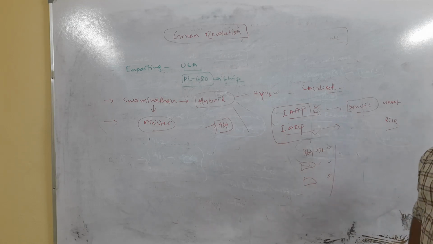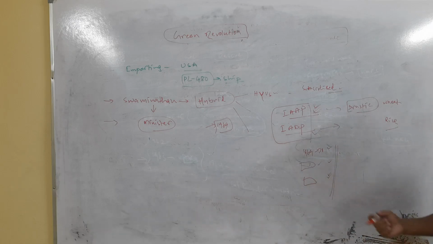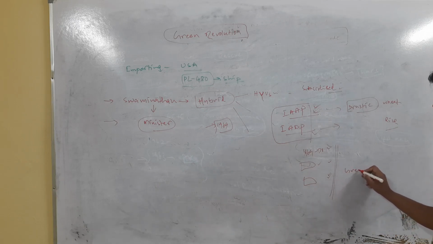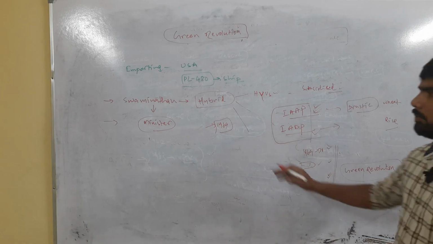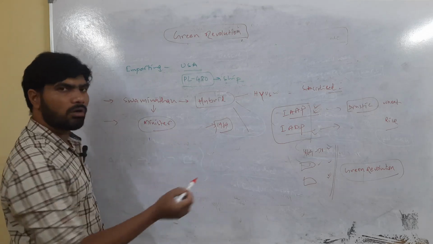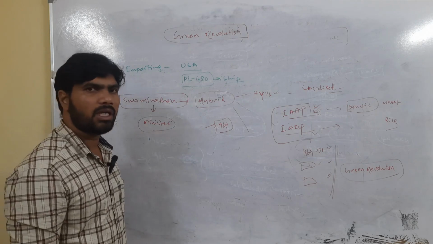Because of this drastic increase in production, the scientists saw a phenomenon of increase in the production of food grains, and this phenomenon was named the green revolution. That's how MS Swaminathan, because of this contribution, is called the father of green revolution in India.